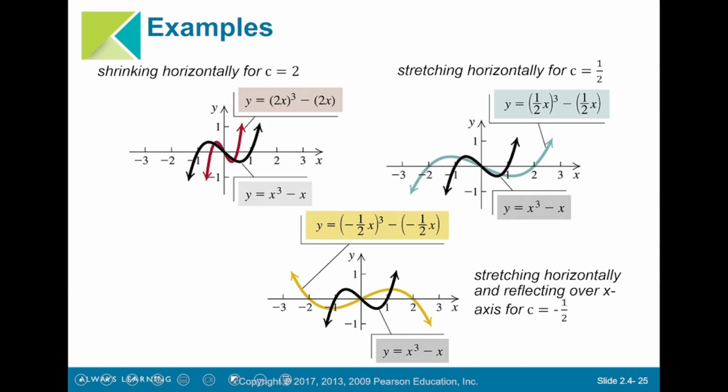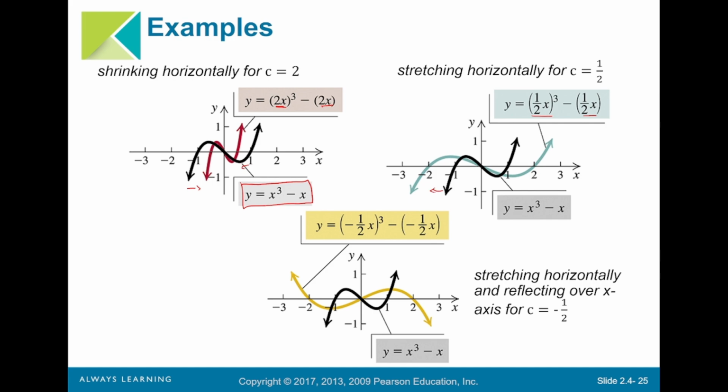Let's see those examples now. So our base function is still x cubed minus x. And when we put a 2 in front of the x inside the parentheses, we actually get a shrinking. You can see the black graph turn into that red graph by squeezing it together. Alternatively, if we'd stuck a 1/2 in front of the x, then we would have seen a stretching.